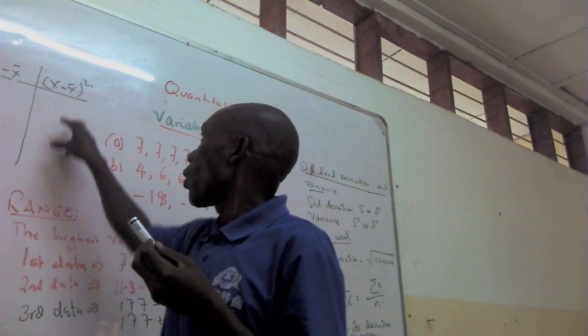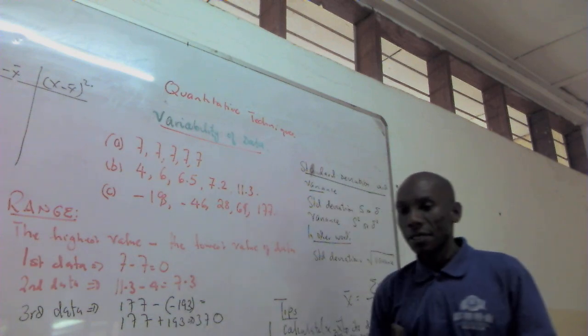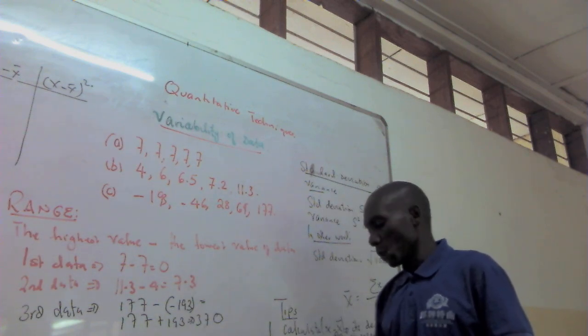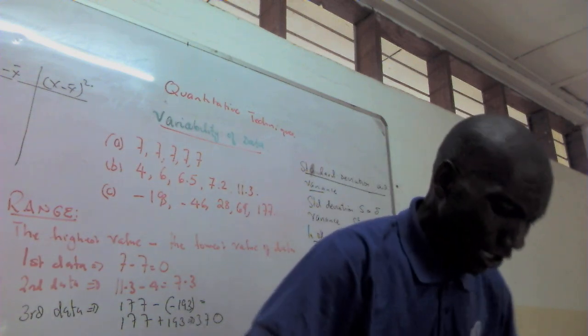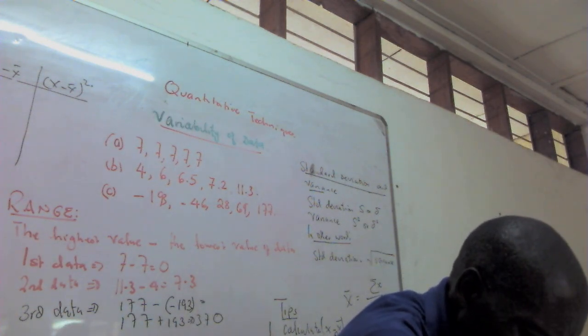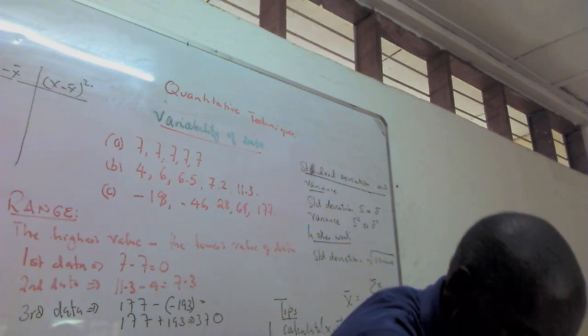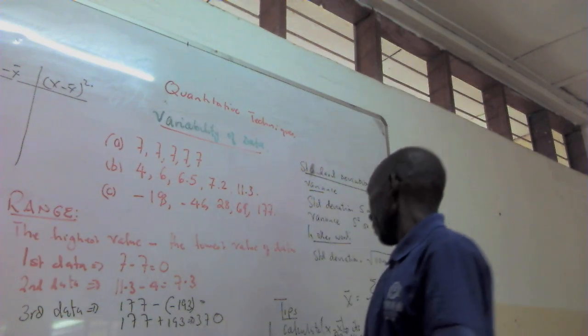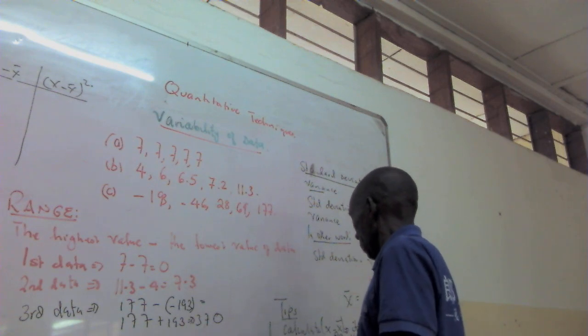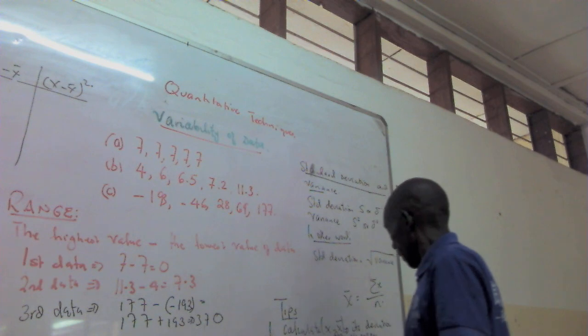How many rows will it take to sum up all the numbers? That's what we are looking at here. Tip number 3. Find the sum of x minus x bar squared, the sum of all these values.